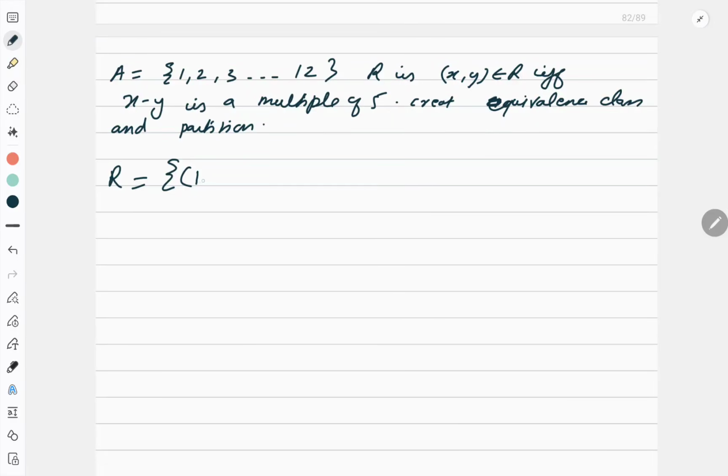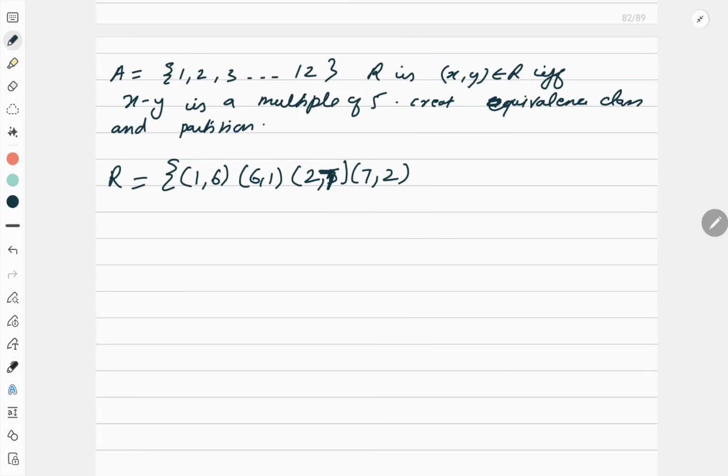If one number is 1, what should I subtract from 1 so that I get a multiple of 5? 1 minus 6 is minus 5. So (1, 6) and (6, 1) will be the first terms. Now if I take 2, then (2, 7), because 2 minus 7 is minus 5, which is divisible by 5. So (7, 2) will also come.